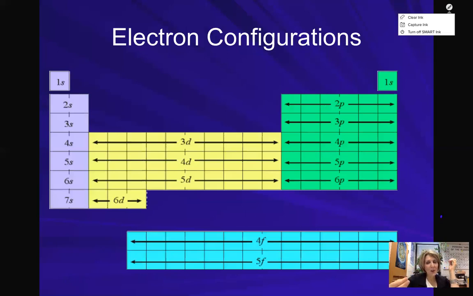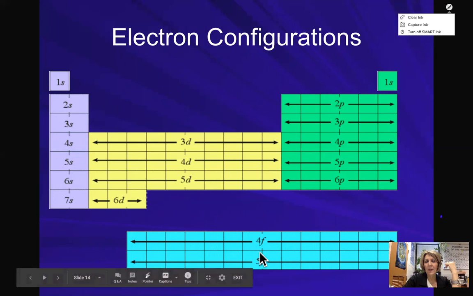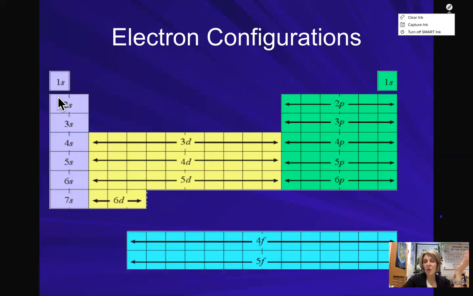So just a reminder about electron configurations, that we can see the S block here and the P block here and the D block here and the F block here. We know that the rows are the major quantum numbers, principal energy numbers, or the row number. We can see that helium really goes right here. And the width of the block is the number of electrons in that block.